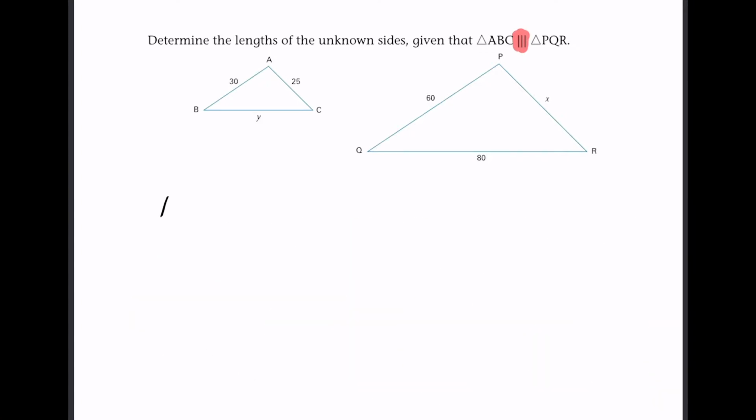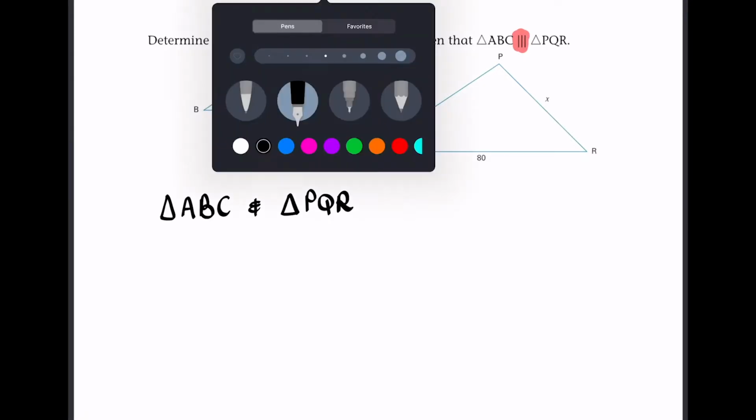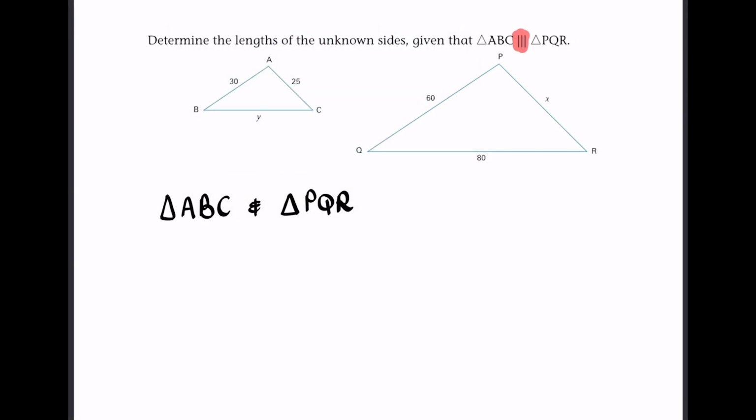What I'm going to do is rewrite my triangles. So I have triangle ABC and I have triangle PQR. Now I can do my Frogface. What does that mean?